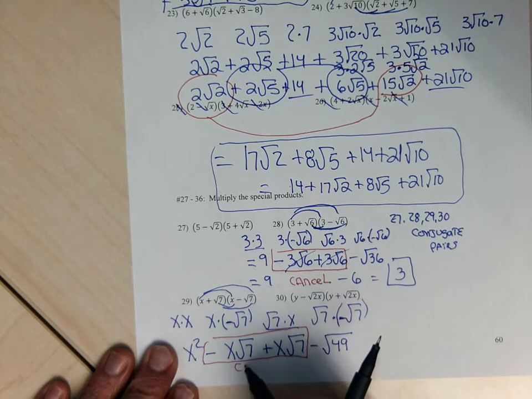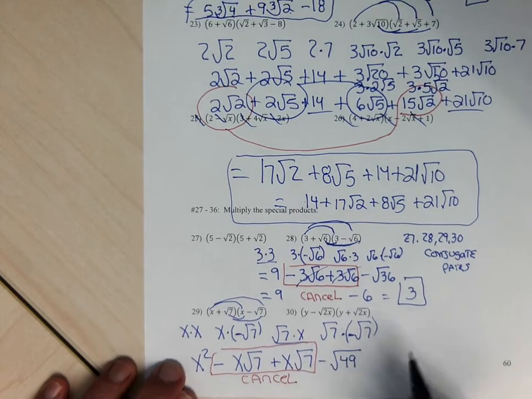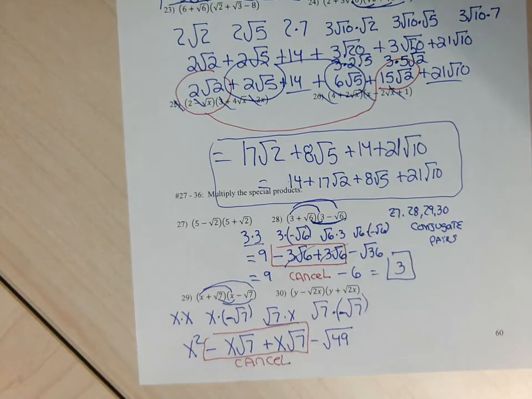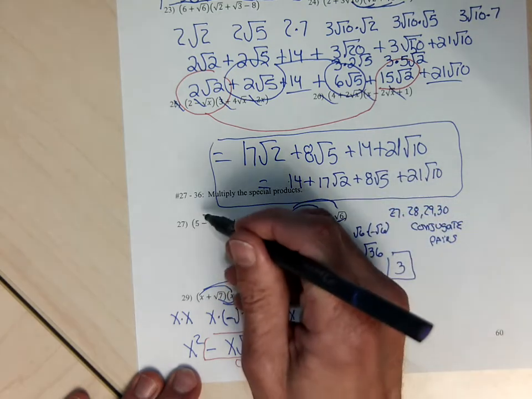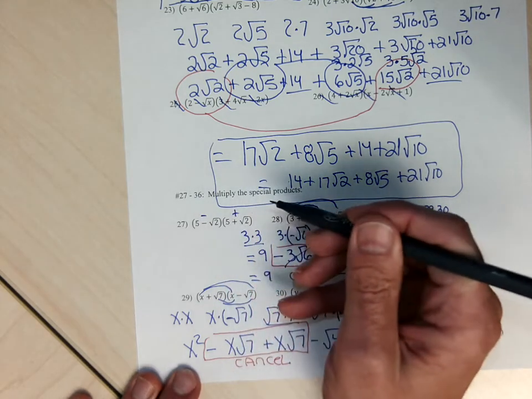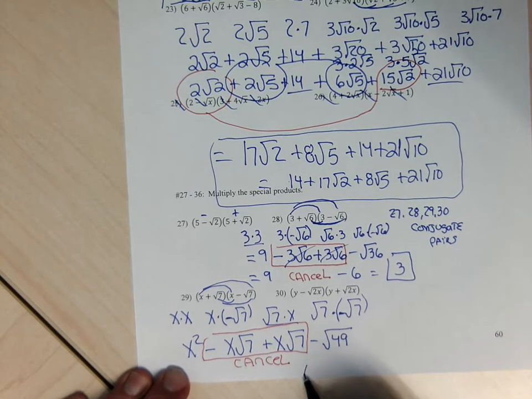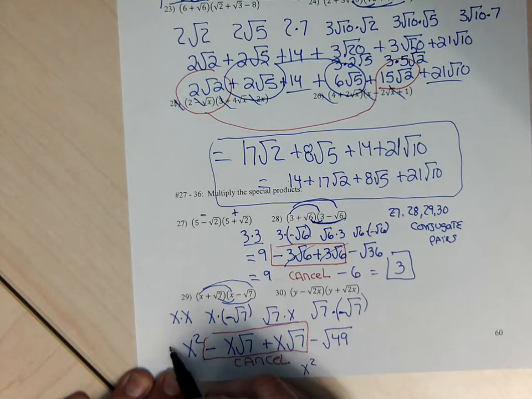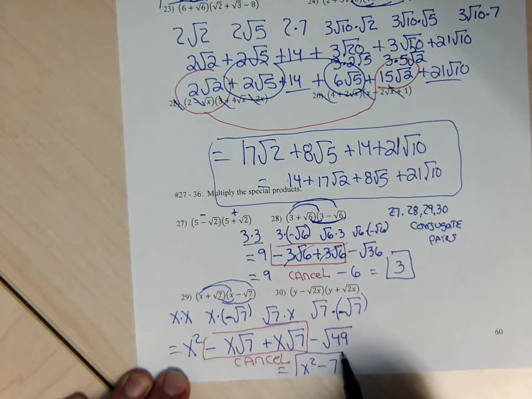If I could figure out ahead of time which ones are going to cancel, I can skip that, because always when you're multiplying conjugate pairs, which are 2 identical parentheses with 2 terms each, one parentheses with a minus sign, the other parentheses with a plus, doesn't matter which one has the plus, could be the first or the second, you always get canceling. And for an answer here, I'm going to bring down the x squared, and the square root of 49 is just 7, and I leave the minus in front of it.